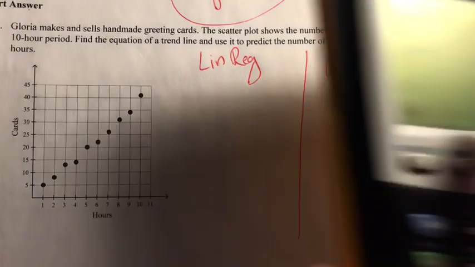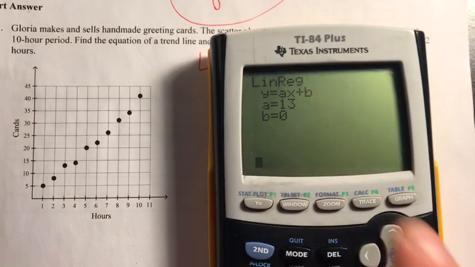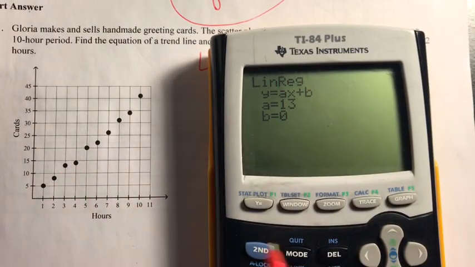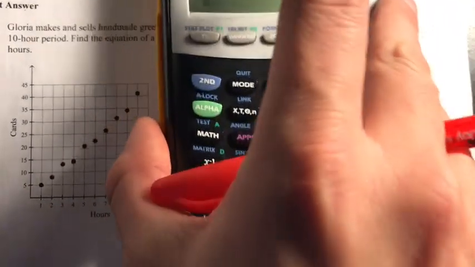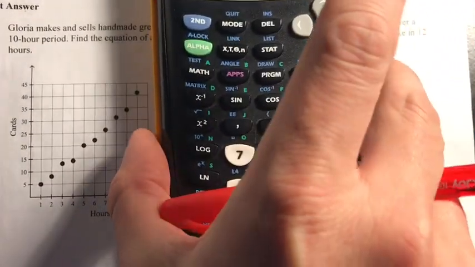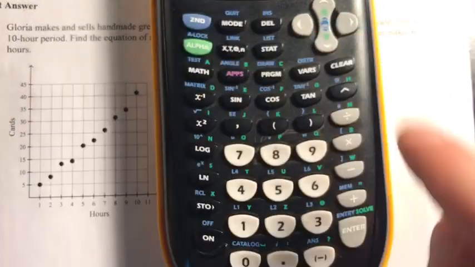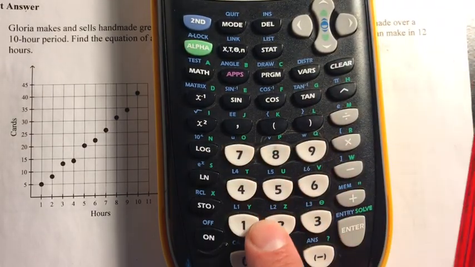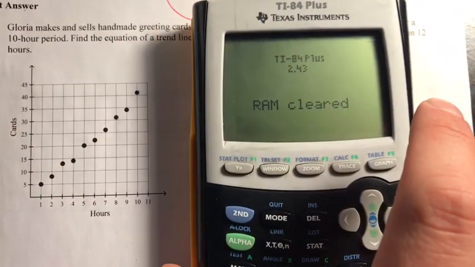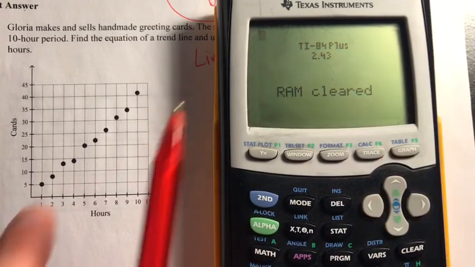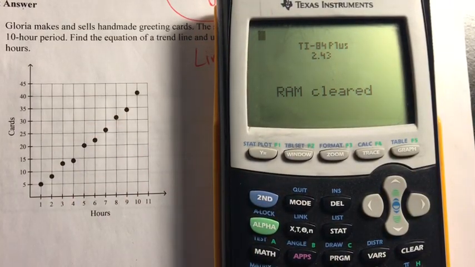So this is LinReg. I take all of these points and plug them into LinReg. So I'm going to clear my calculator by hitting these buttons. Second plus 7, 1, 2, clear. And I'm going to start plugging all of these points in.